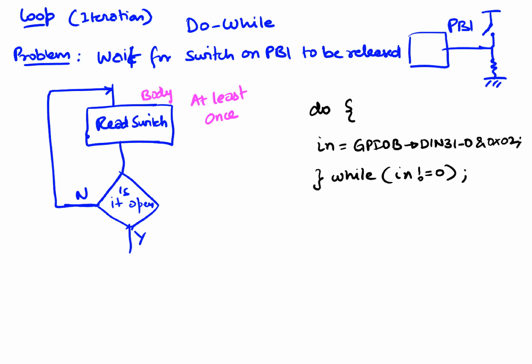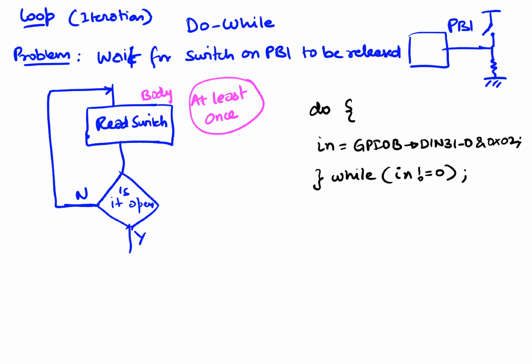So it's a do while in is not equal to 0, we go back and repeat this process. Now, this is a natural way to think of this situation, simply because we know that we have to perform this operation at least once.